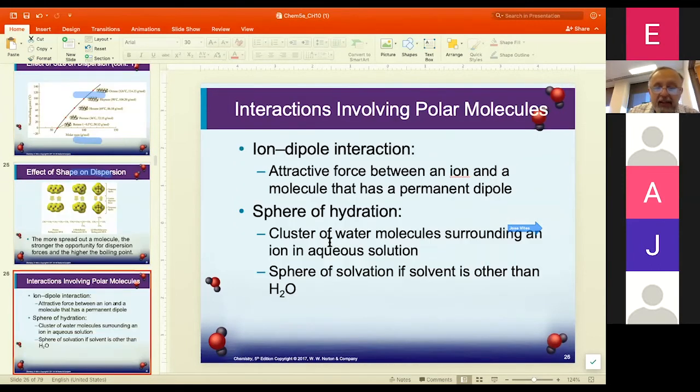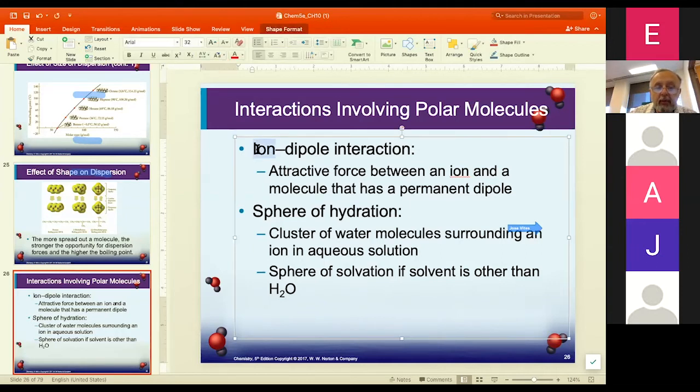Okay. So now when you have an ion and a dipole, there's going to be an attraction. An ion has either a positive or negative charge, and a dipole has a positive and negative side. So when that happens, you'll have a stronger interaction than just the molecules of bromine or iodine that we were looking at. Why? Because there's a full charge in the ions.